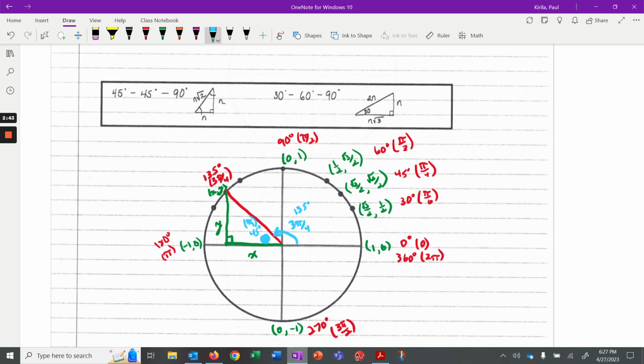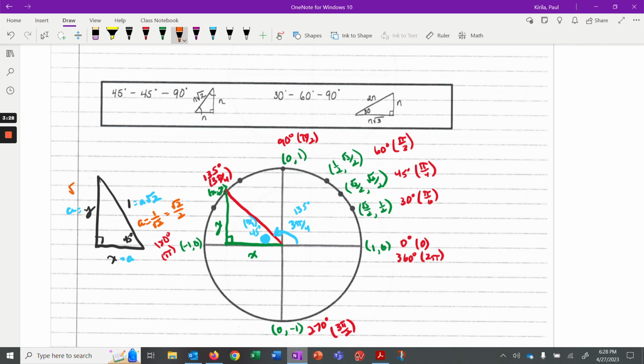Working off to the side here, here's x, here's y. I know the radius is 1, so my hypotenuse is 1, and this is a 45 degree angle. So we have an isosceles right triangle, a 45, 45, 90, like we did yesterday when we looked at 45 degrees. The only difference is instead of moving right and up, we're moving left and up. So this is A, this is A, this is A radical 2, and I get that A is 1 divided by radical 2, or simplified, radical 2 over 2.